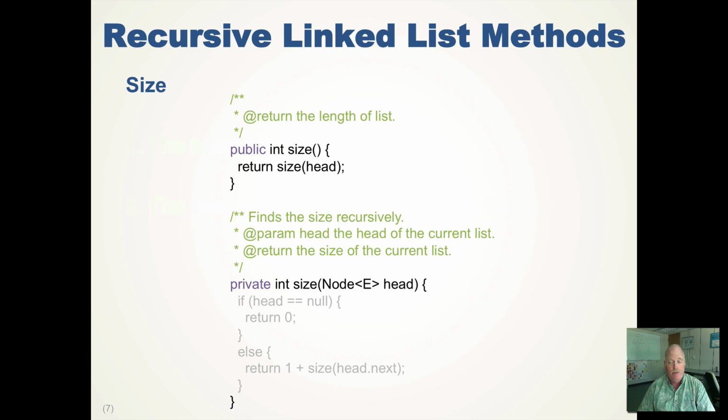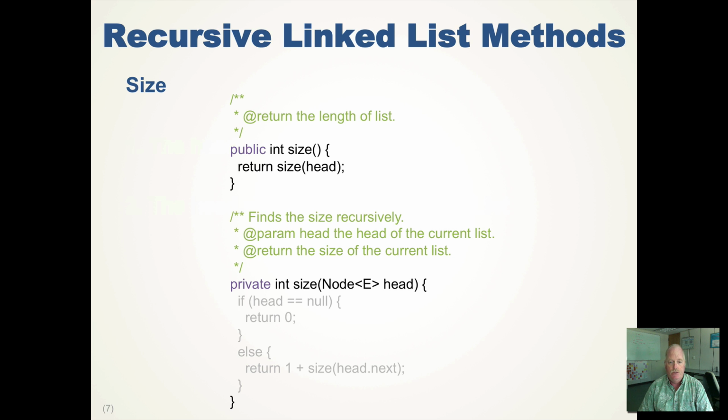So if we think of the linked list recursively, we can write our methods for manipulating a linked list recursively. Now, in order to do this, we have to write a helper method, a recursive helper method. So the size method that returns the size of the linked list calls the recursive helper method with the head of the linked list.